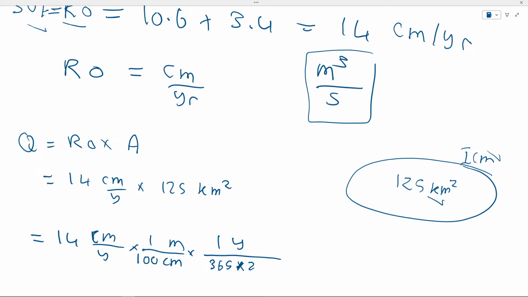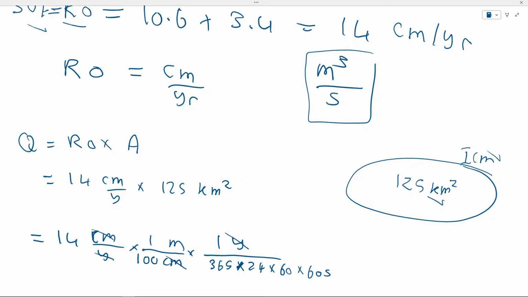Each day has 24 hour, each hour has 60 minutes, and each minute has 60 second. So I know that 1 year has this amount of seconds. These units will cancel, and I will end up with meter per second instead of centimeter per year.